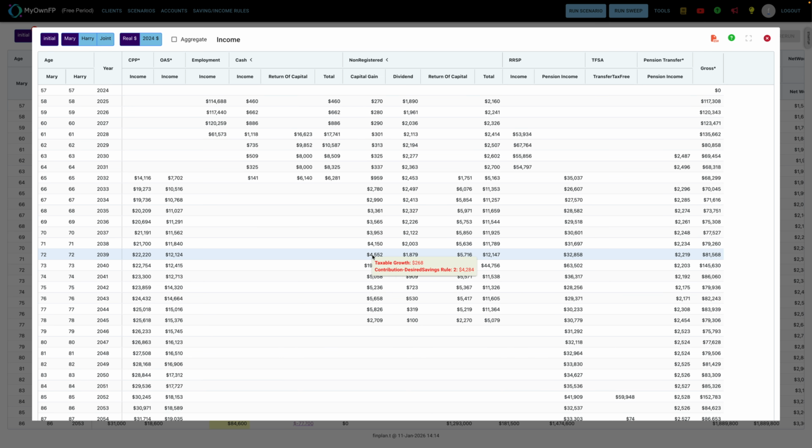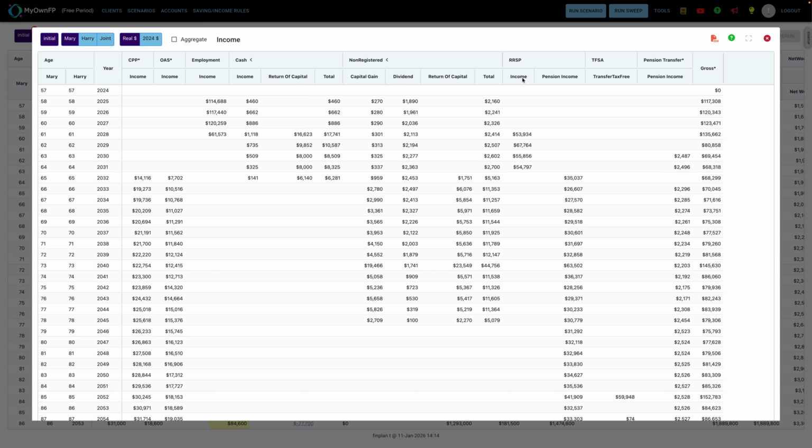So between that $4,200, and if I look at the return of capital, it also has that. So we sold some portion of our non-registered account and put that money into our TFSA. So that's where that contribution rule is there. A little bit of this taxable growth is because we have a 0.3% capital gain every year within this account. And we also have some dividends every year. So that's what that comes into.